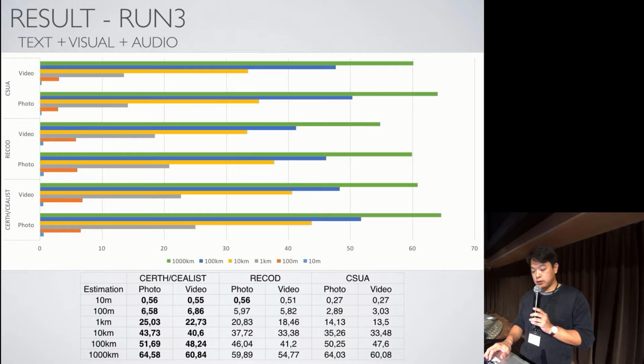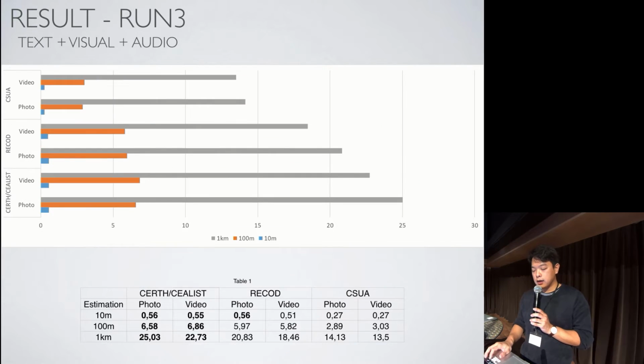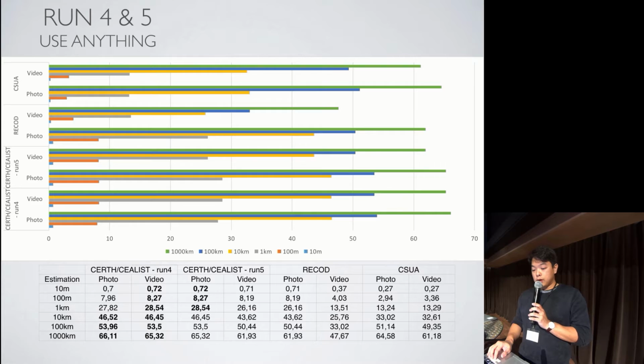When the 3 modalities were combined, we do see some increase in performance, but it's mostly driven by the text modality. So visual does help when you do the fusion, but text still seems to play a powerful role. And when you use everything, you get better performance. So it seems that using more data helps more than using Gazetteers.